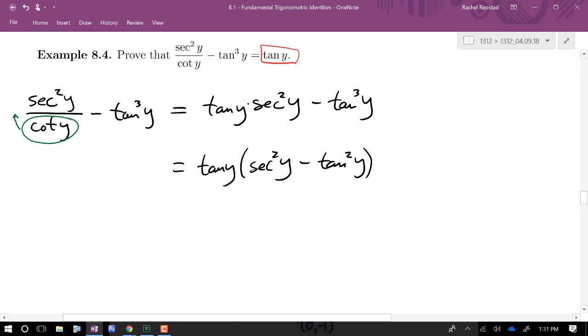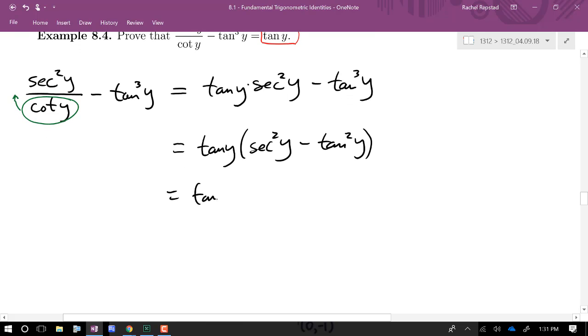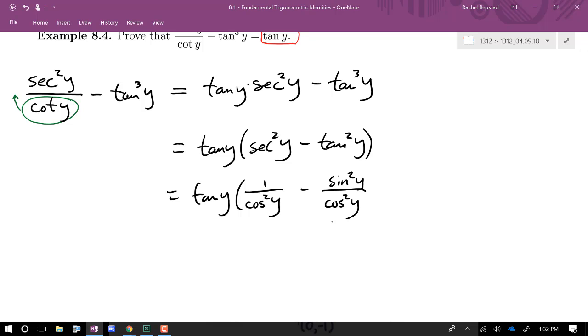1 over cosine squared y minus sine squared y over cosine squared y. You mean translating them into sines and cosines? So that would look like that. Oops.